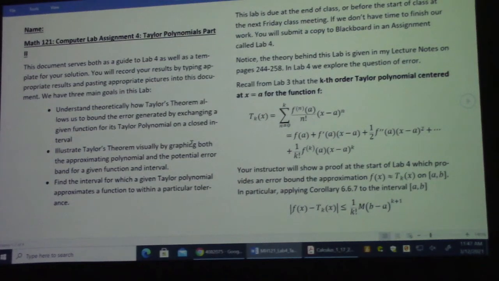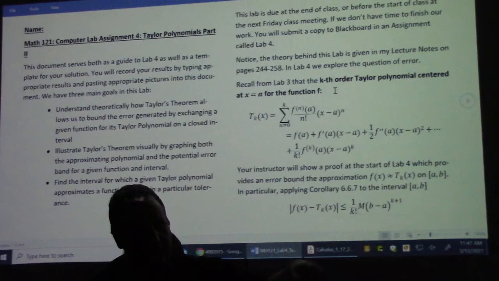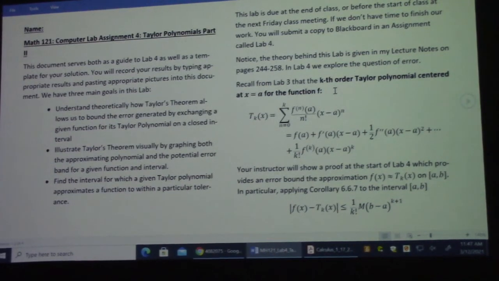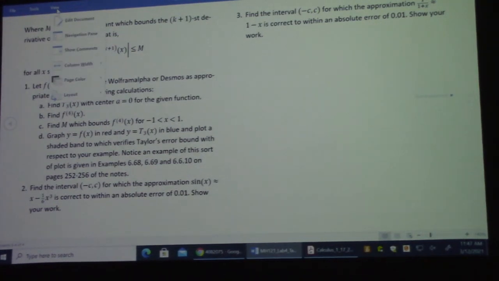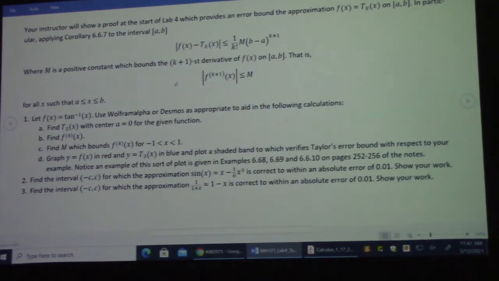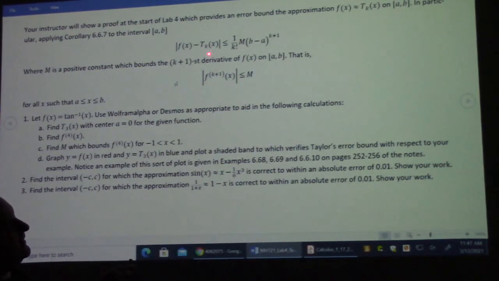So part number 1. The way this works is we have to find this constant M. So this right here is the difference between the function and the Kth Taylor polynomial.